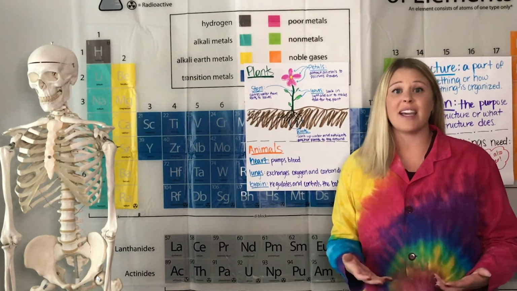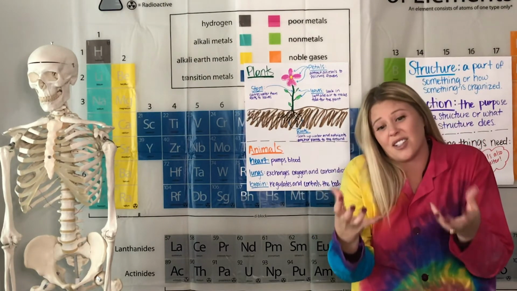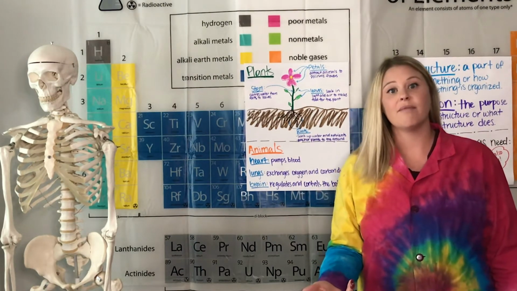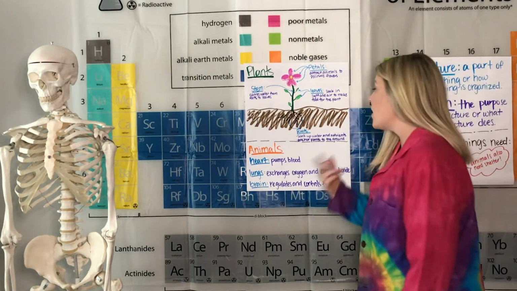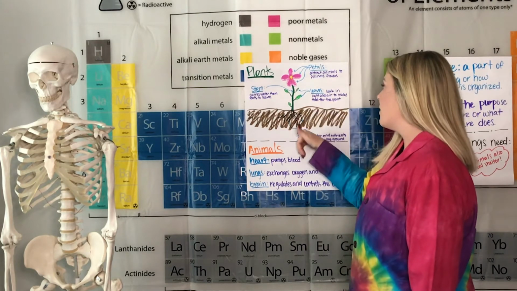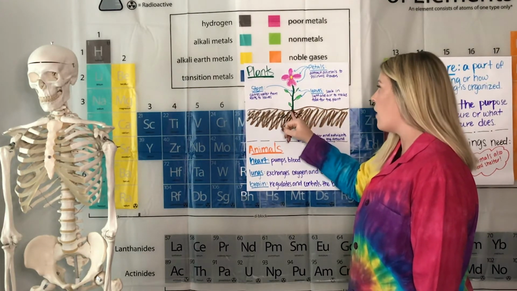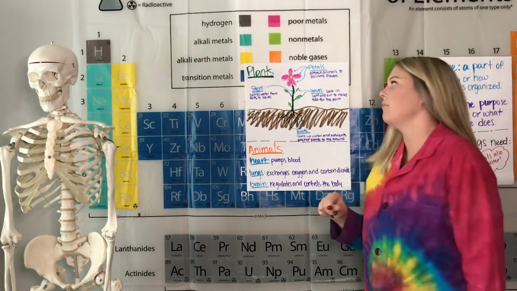If you've ever seen plants on a really hot summer day and they start to wilt or turn down, that means that there's not enough water for the plant. And we know that living things need water. So, water, when it's provided to the plant, goes up through the roots and the stem transports that water to the leaves and up towards the top of the plant.